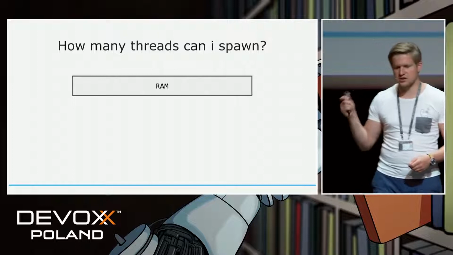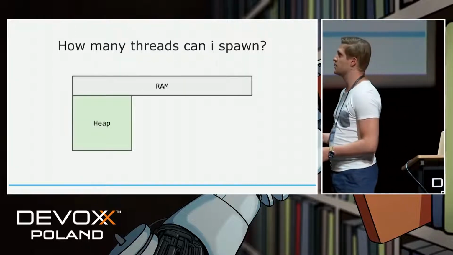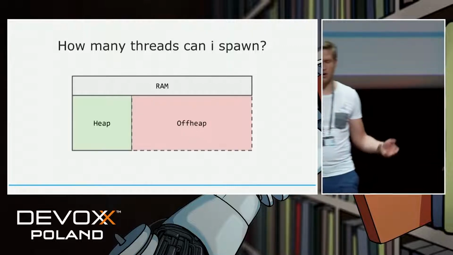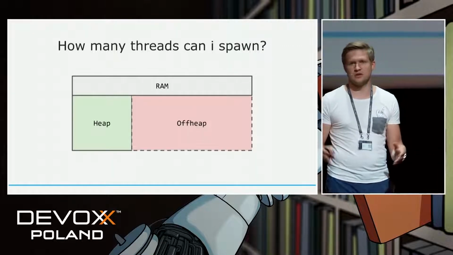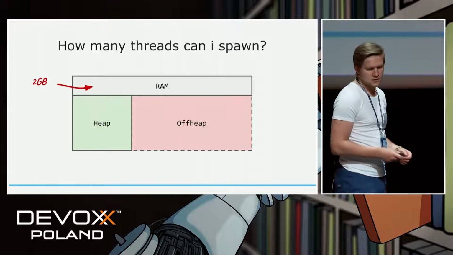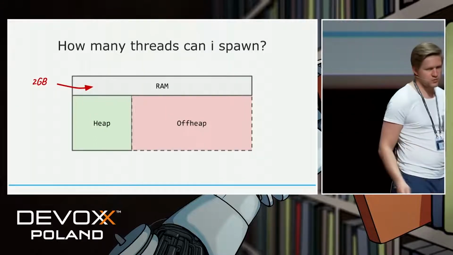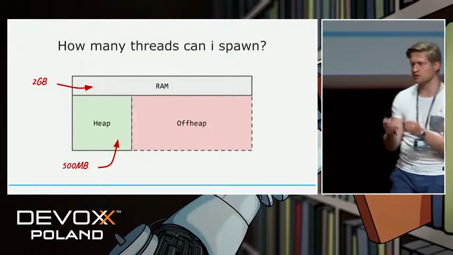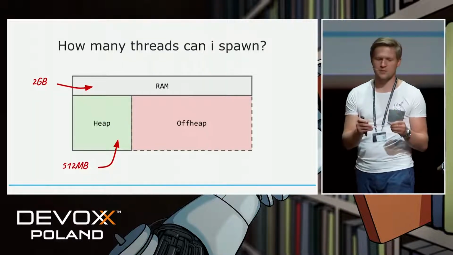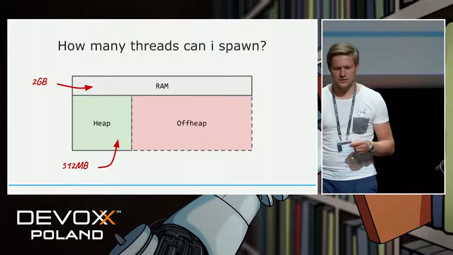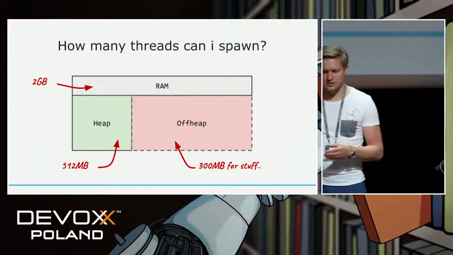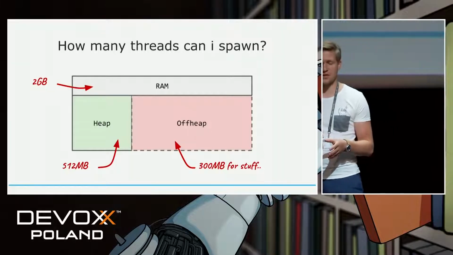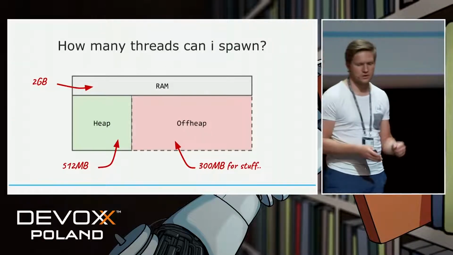So let's say I get a machine with 2 gigabytes of RAM, and there is some heap, and there is the off heap, or all the other memory in the system. The heap would be 500 megabytes, but just saying 500 feels wrong, so it's going to be 512 megabytes. And on the off heap, let's say I'm going to allocate 300 megabytes for some stuff we don't care about.